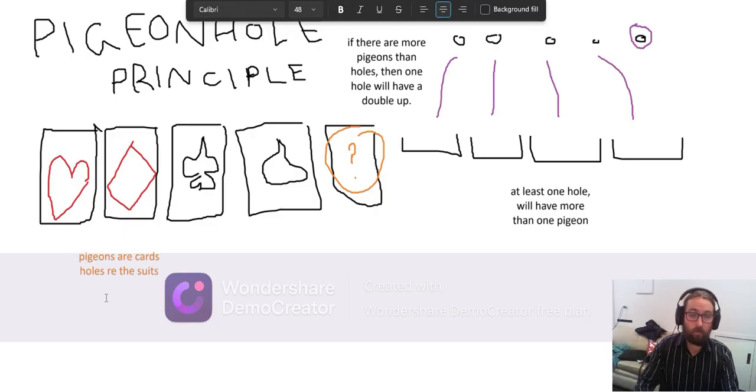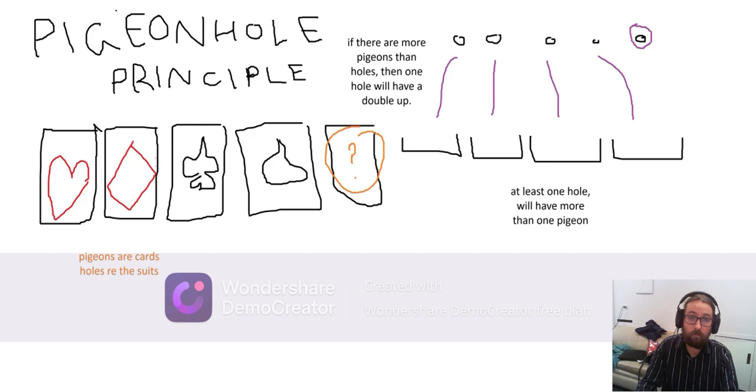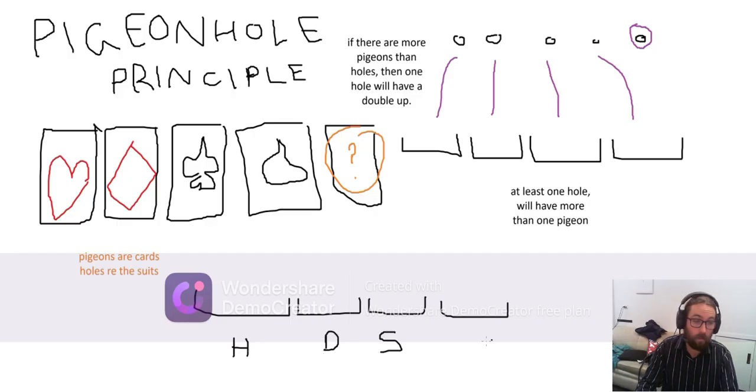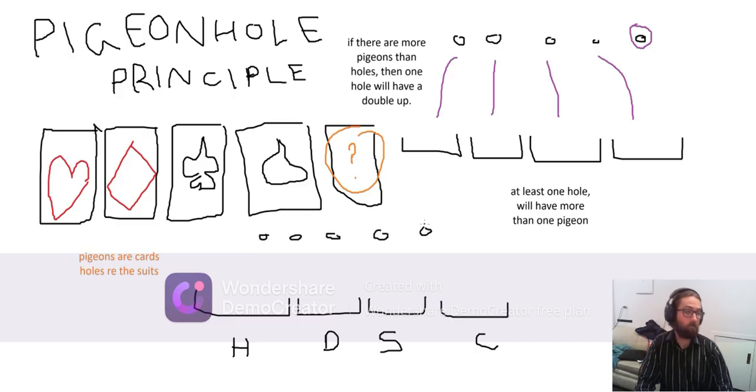So we can rethink this question as having 4 buckets: a heart bucket, a diamond bucket, a spade bucket, and a club bucket, and we have 5 cards, and each card has to go into a bucket, which basically just means that card has to have the suit, right?